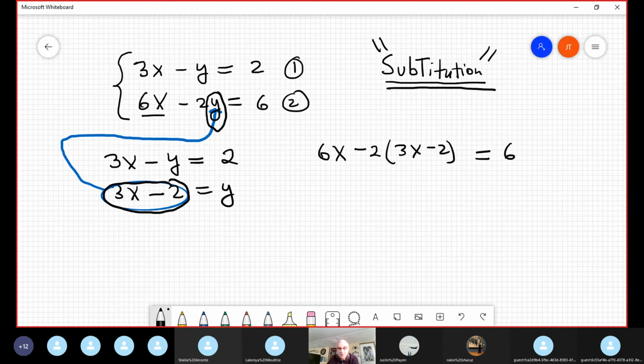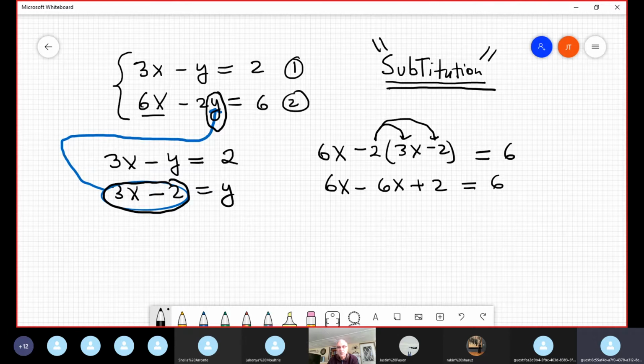Super. Now, after that, it's elementary algebra, baby algebra, I call it. You remove the parentheses and distribute. 6x minus 6x, because minus 2 times 3x, and minus 2 times minus 2 is plus 4. Professor, it's 4.